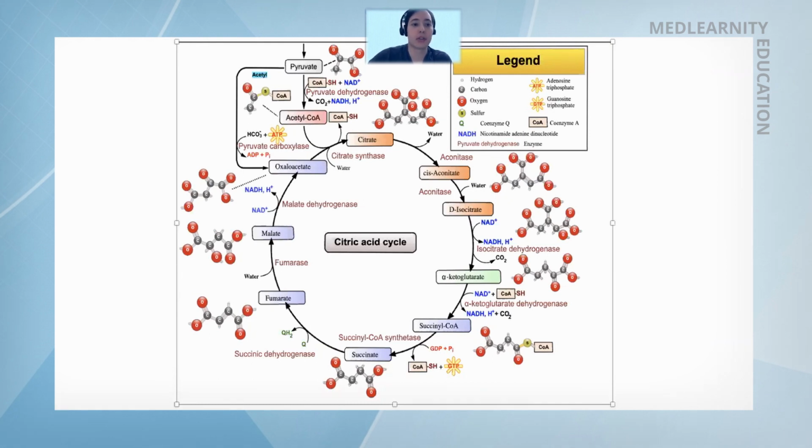But so back to this question now. The three steps that I wanted to focus on are the conversion of isocitrate to alpha-ketoglutarate, and this is done by the enzyme isocitrate dehydrogenase, and then alpha-ketoglutarate to succinyl-CoA by alpha-ketoglutarate dehydrogenase. And as you'll notice, they both produce NADH.